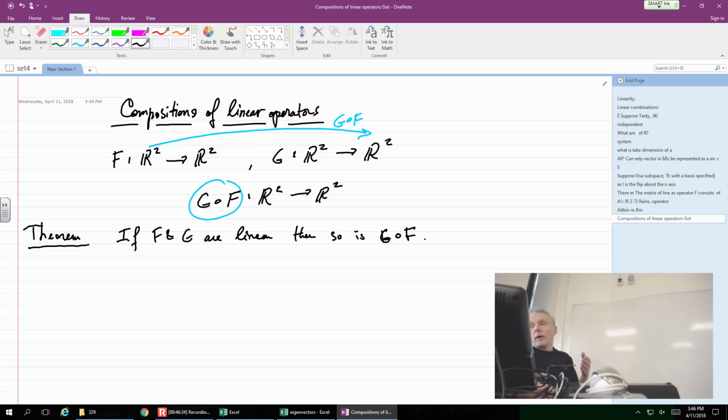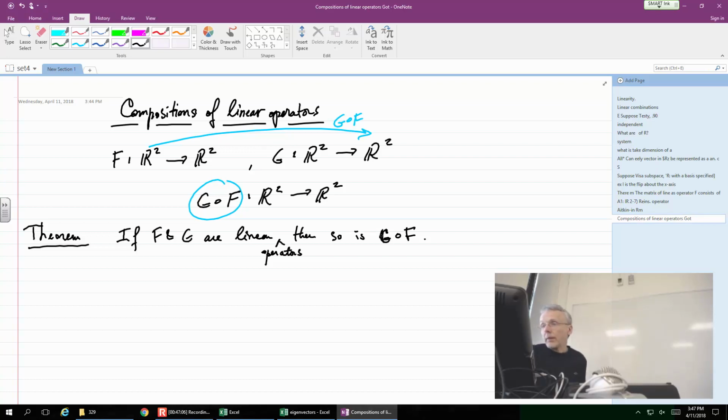So if f preserves linear combinations, it transfers a linear combination to g, which also preserves linear combinations. Altogether, the two consecutive operations will not do anything to linear combinations; it will still be a linear combination. So there you go: the composition of two linear operators will be a linear operator. If f and g are linear operators, then so is g composed with f.